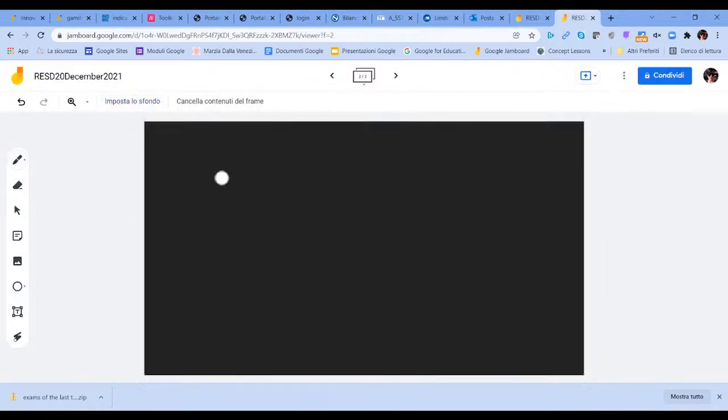Let's change the board. Okay, so since we've noticed that the solution is a steady state solution.